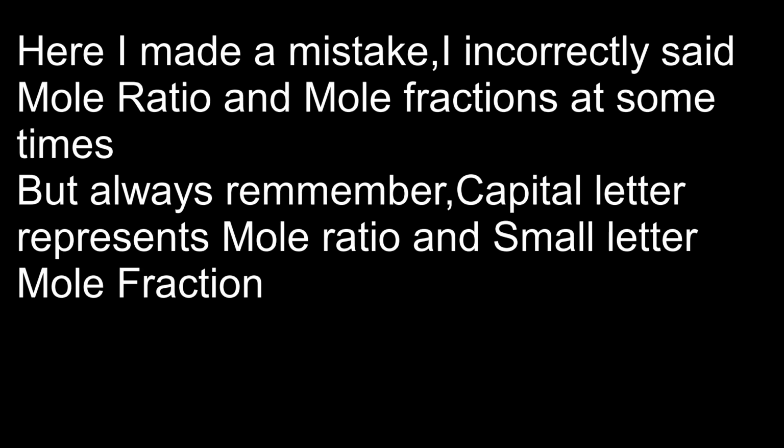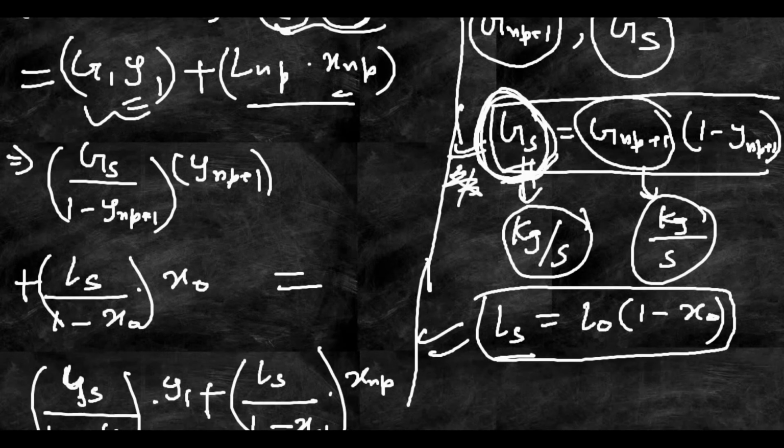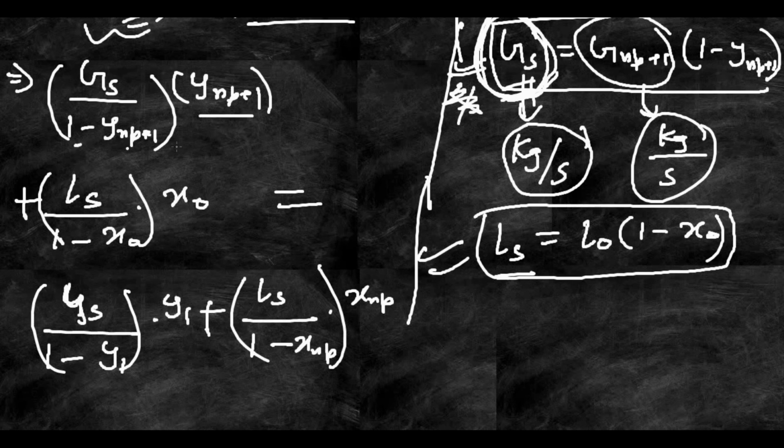Mole ratio equals mole fraction divided by 1 minus mole fraction. So you can see over here I have the mole fraction divided by 1 minus mole fraction, again and again.